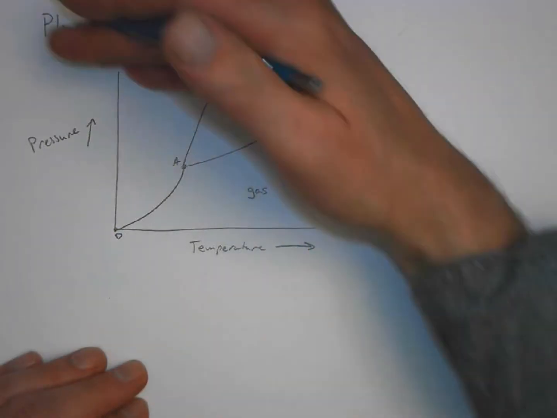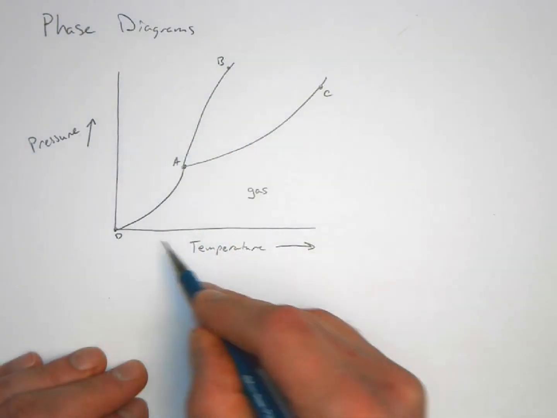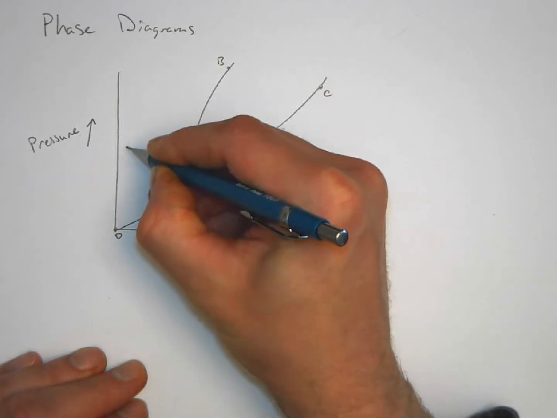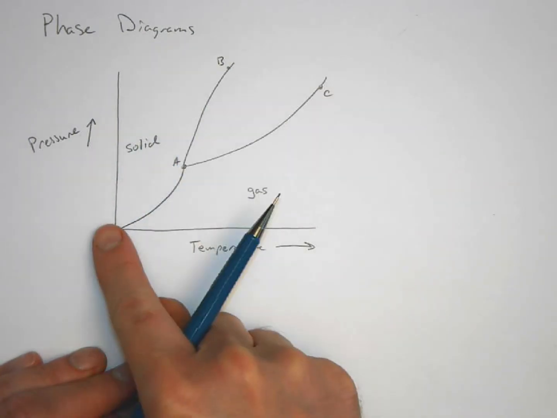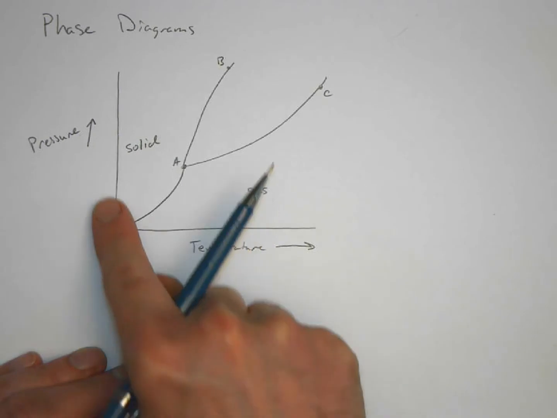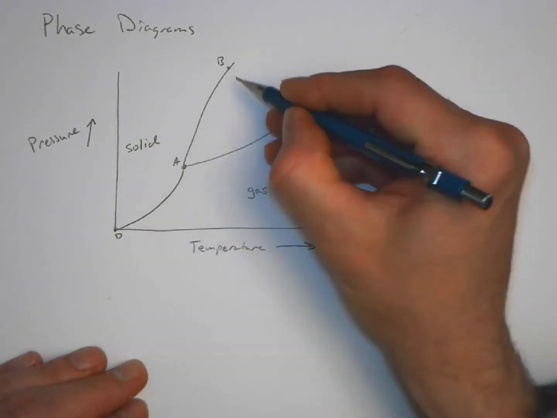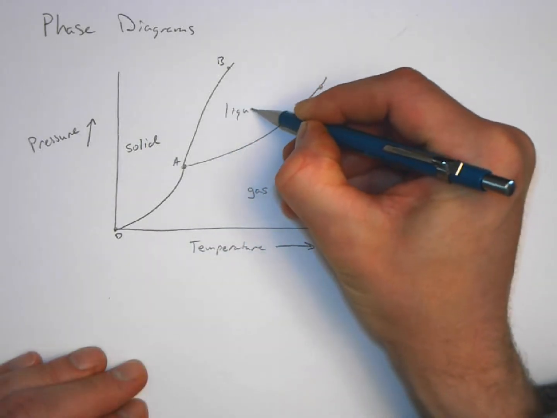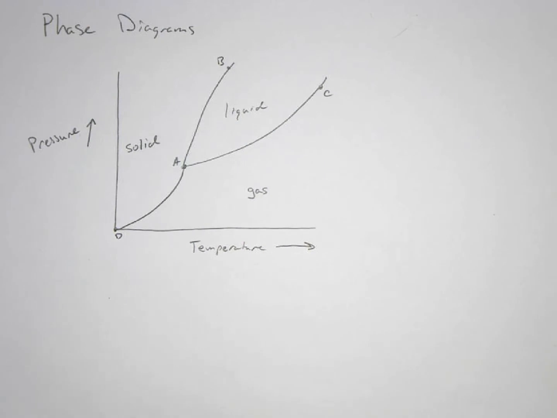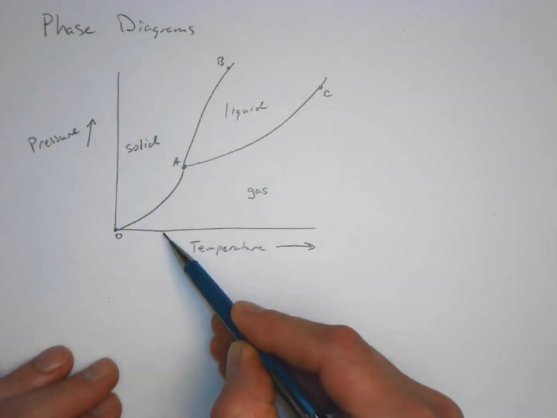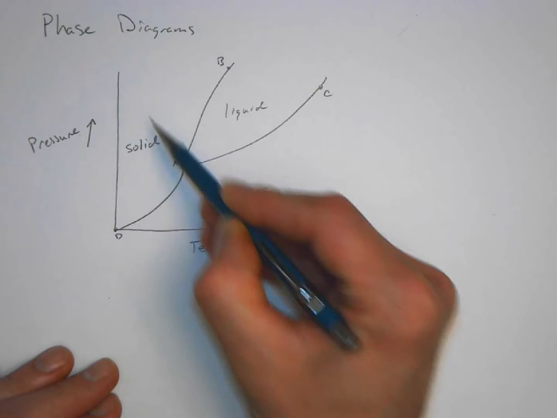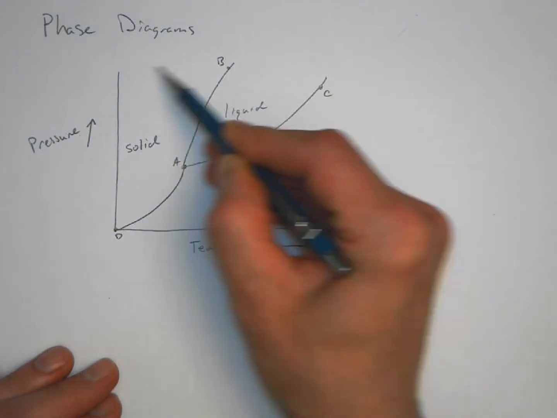At relatively low pressures and low temperatures, you might imagine that something is a solid. And then this region is a liquid.